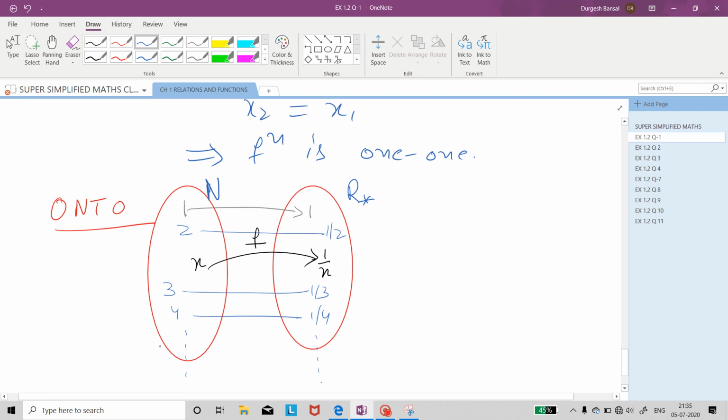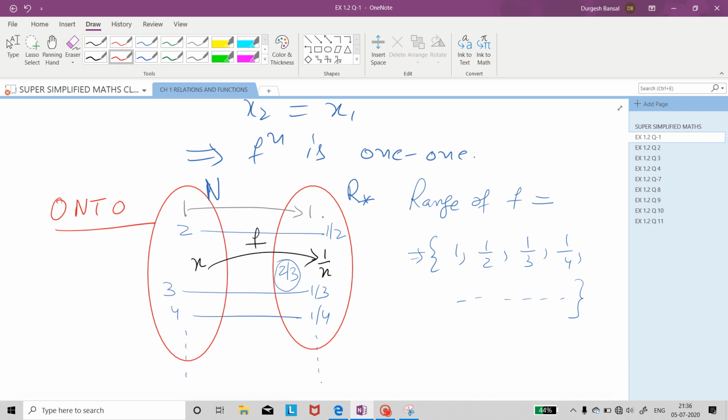Now you tell me, what is the range of f? The range of f is 1, 1/2, 1/3, 1/4, and so on. Only the reciprocals of natural numbers, no other number. If you take any number, say 2/3, it is there in the codomain set, but it is not the reciprocal of any natural number.